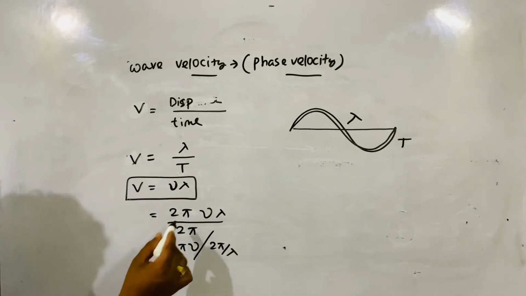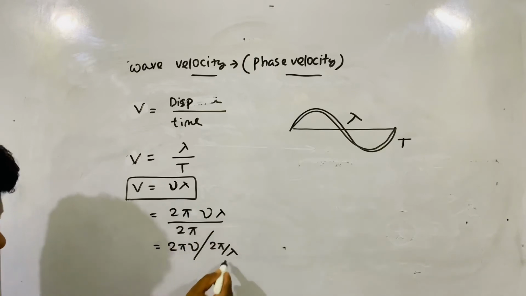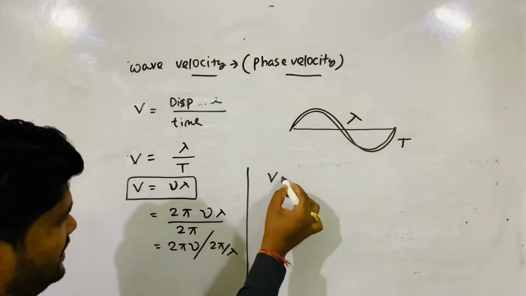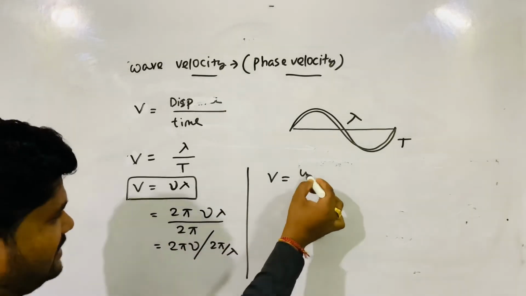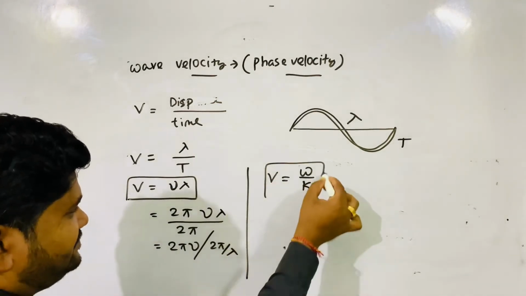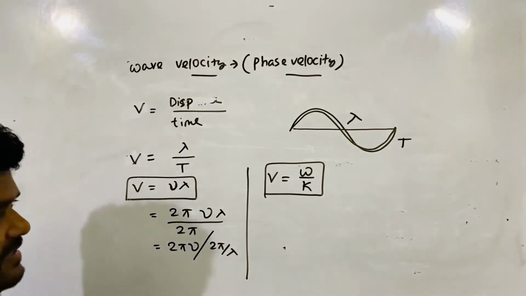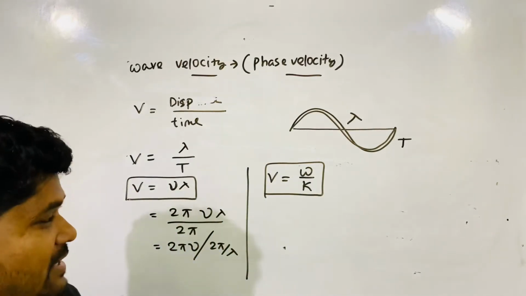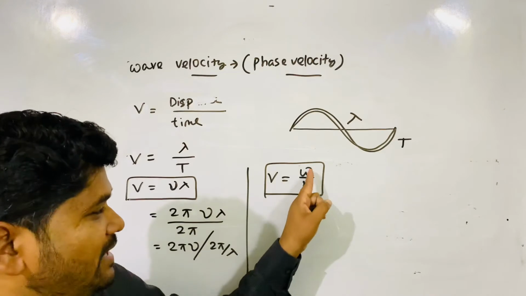I bring the lambda to this side. What is 2 pi nu? 2 pi nu is omega. What is 2 pi by lambda? This is k. So you got another relation for wave velocity or phase velocity: v is equal to omega by k.